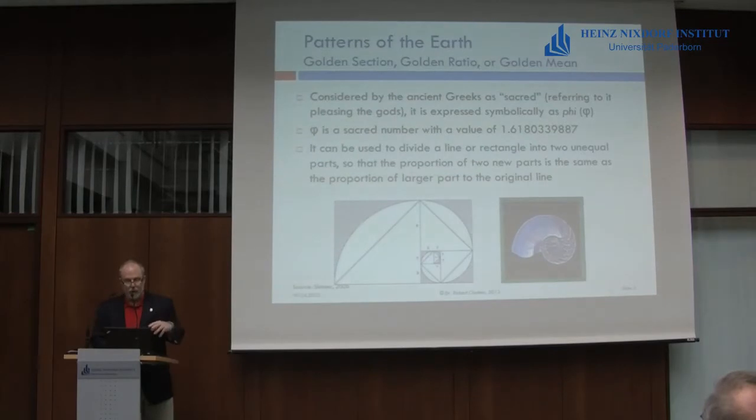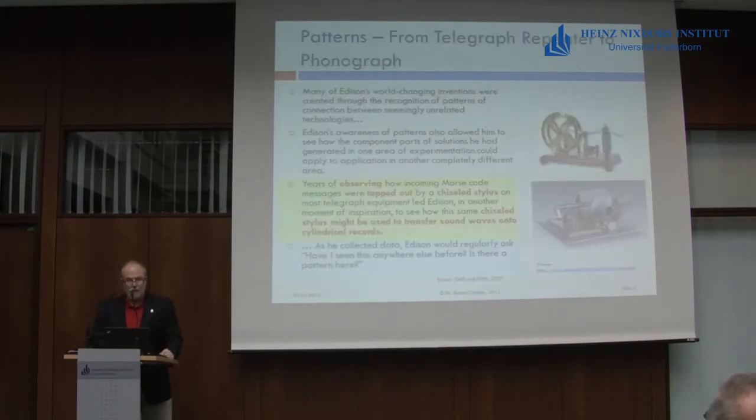So let me fast forward. The Complexity Institute, the Santa Fe Institute, there's been a number of books that start talking about the golden pattern, the golden ratio, and we see that some of these patterns continue to occur in nature the more we look for them.